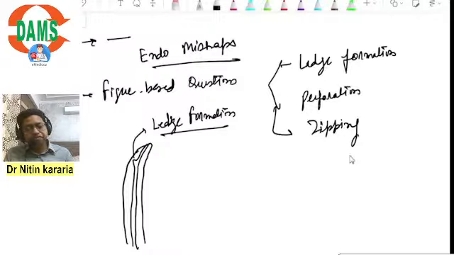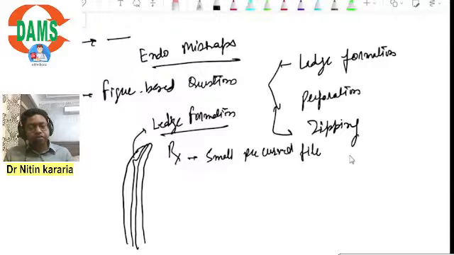If this ledge formation occurs, the treatment is that we have to use a small pre-curved file short of working length in watch winding motion.